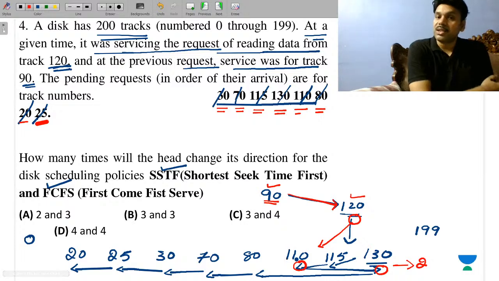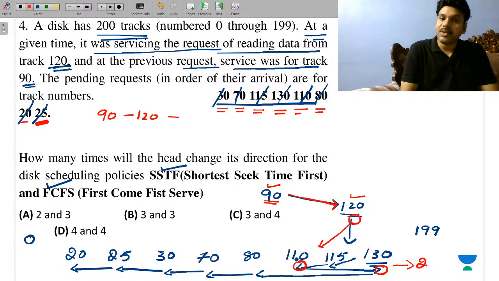So you need to see how many times the head is going to change its direction from one angle to the other. In that case, first 90 to 120 it got satisfied. We are going in this side as far as FCFS is concerned.